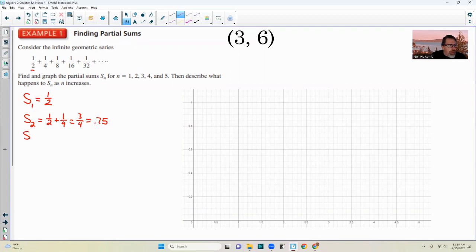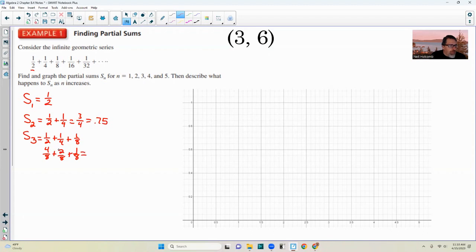Then the sum of the first three terms would be 1/2 plus 1/4 plus the third term, 1/8. If we make these all eighths so we can add them, 1/2 is 4/8, 1/4 is 2/8, and 1/8 is still just 1/8.